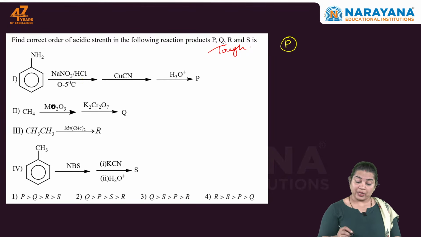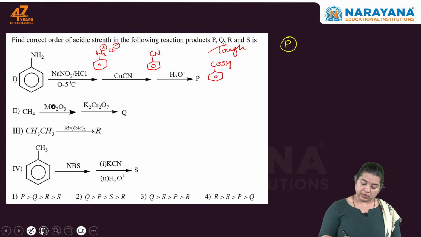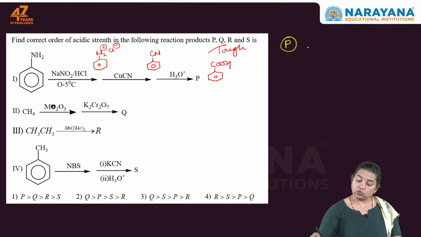See, NaNO2 plus HCl at 0 to 5 degree. So this stage will give us N2 plus Cl minus. Then it is CuCN, cyanide, and after hydrolysis we will have benzoic acid formed. So P is benzoic acid.